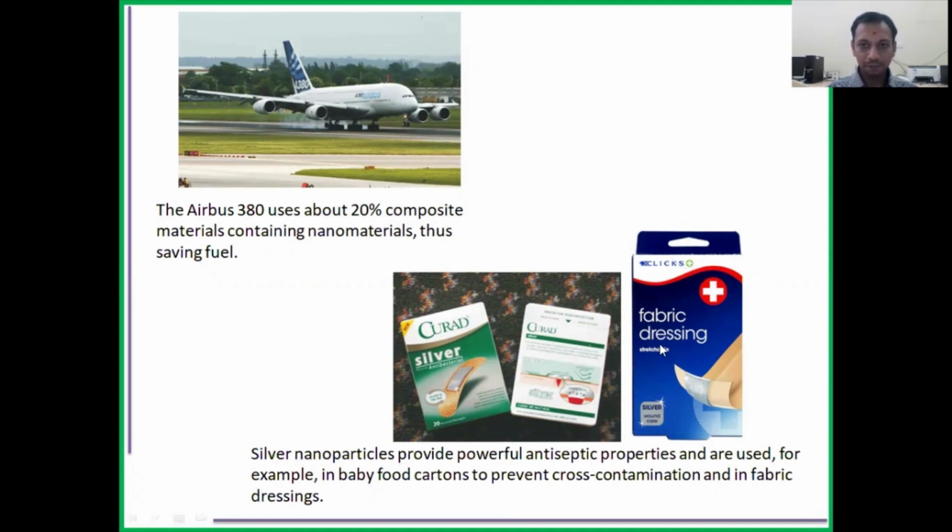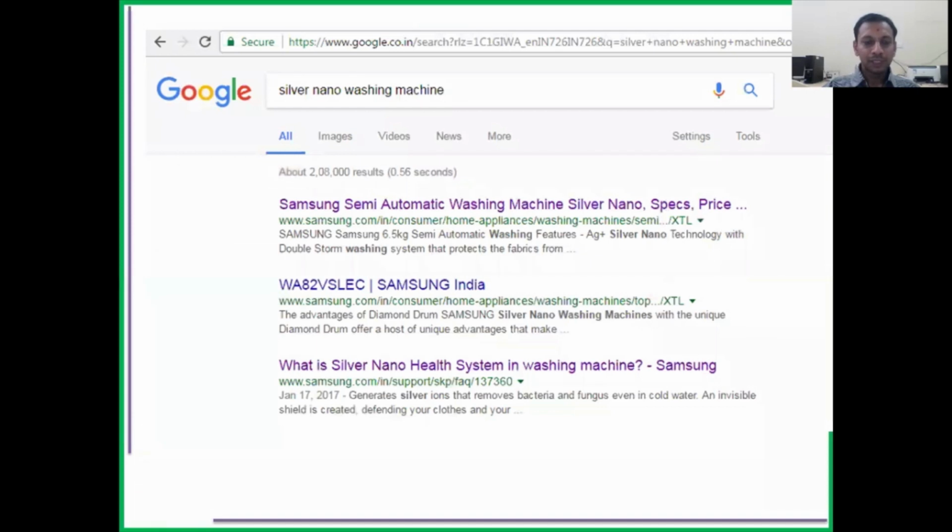You can see here fabric dressing. Silver nanoparticles provide powerful antiseptic properties. Everyone knows silver is antiseptic, but the nanoparticles of silver also provide the antiseptic property, and people are using them in this type of product. Everyone knows about the silver nano washing machine by Samsung.